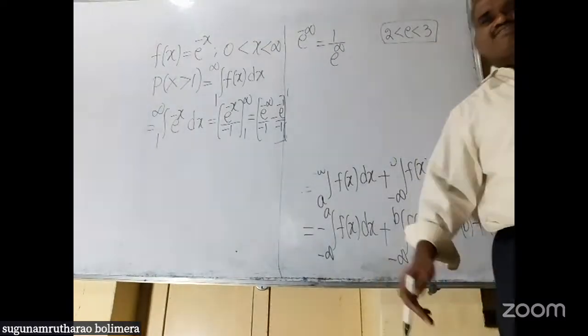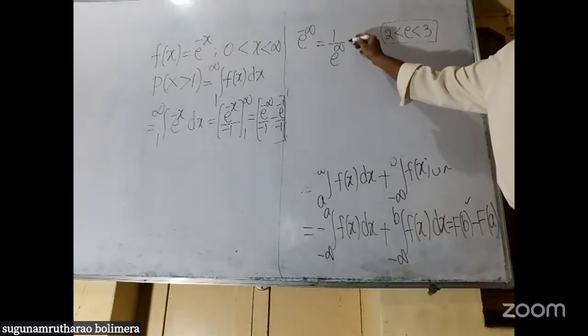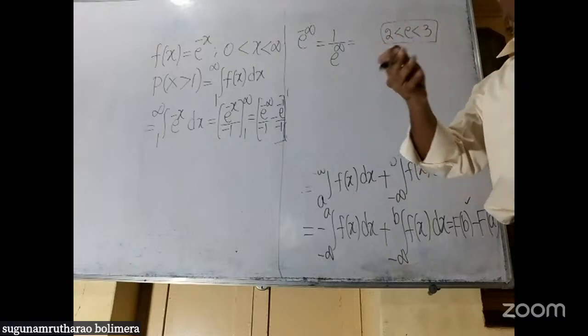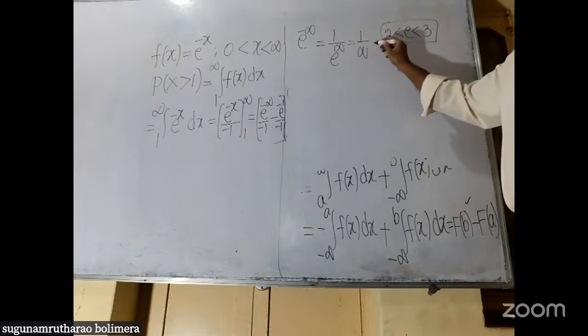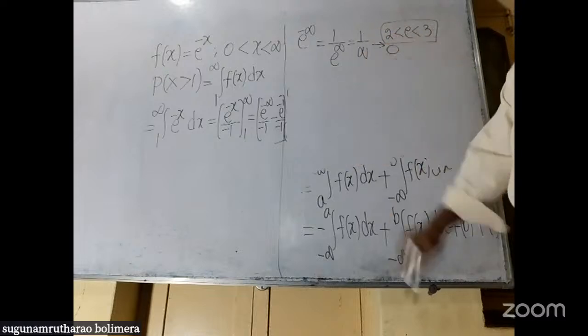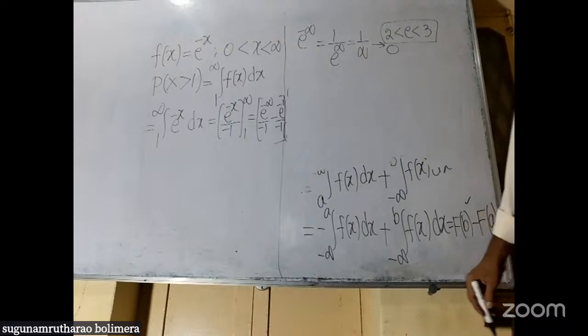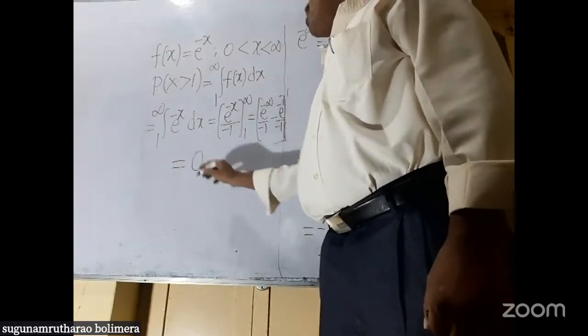So some value in between 2 and 3 raised to the power infinity, finite times you are multiplying, it will be infinity. 1 by infinity tends to 0. E power minus infinity is 0.